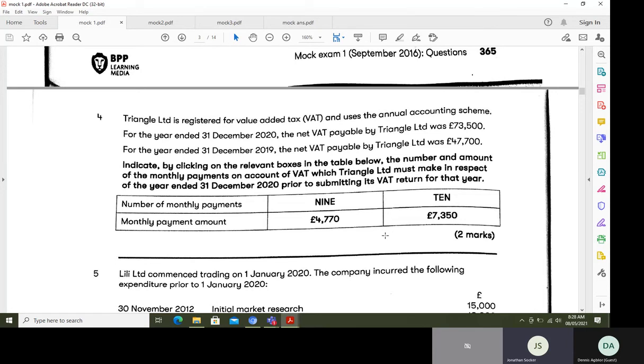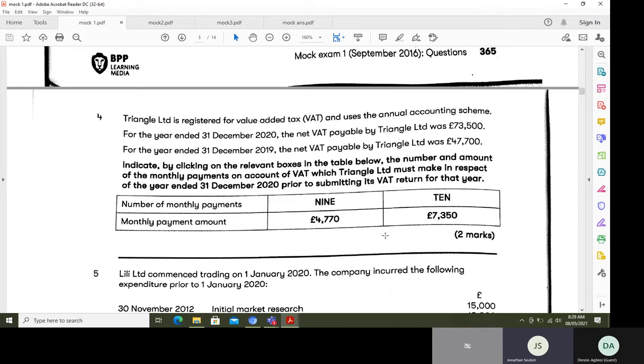Here you were told that this company is registered for VAT and uses the annual accounting scheme. So under VAT, we have what we call the annual accounting scheme. We have other schemes like the cash accounting scheme and the flat rate scheme. Normally VAT is supposed to be filed or paid on a quarterly basis.